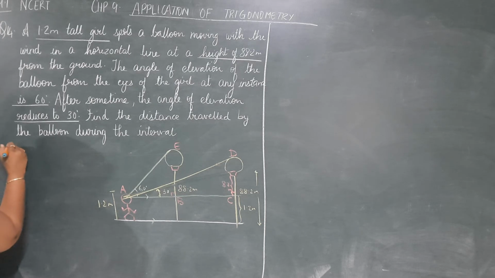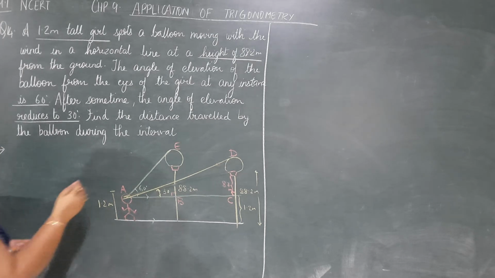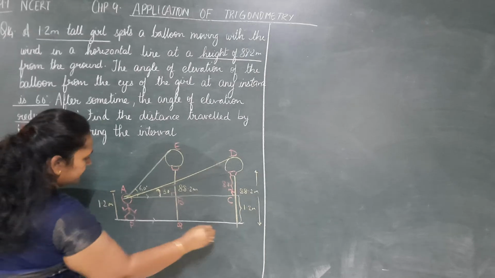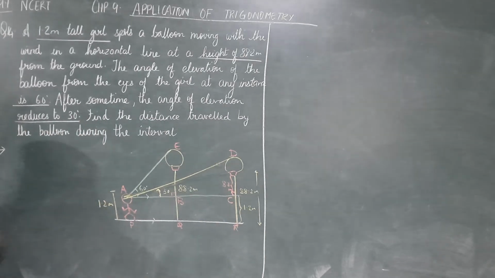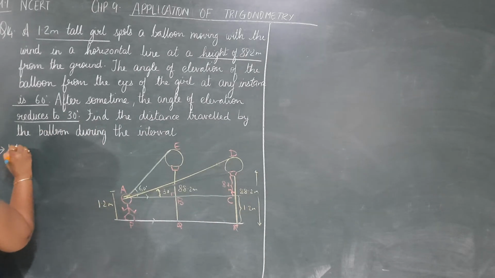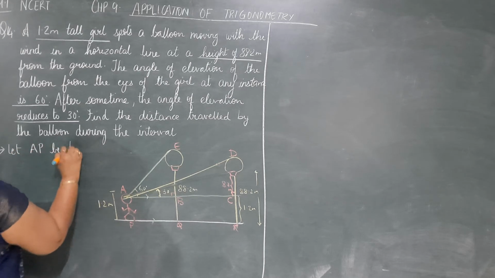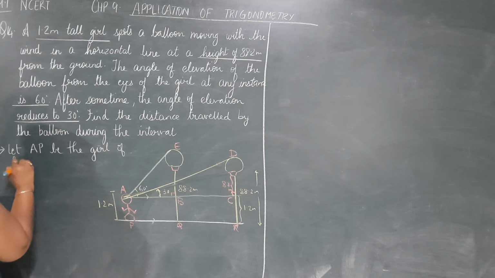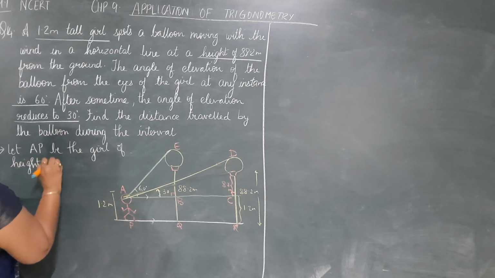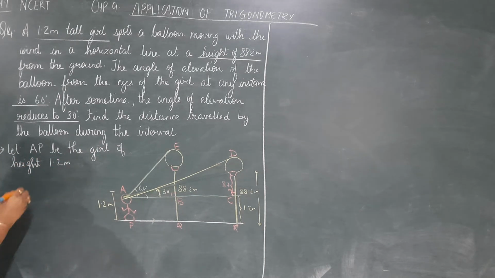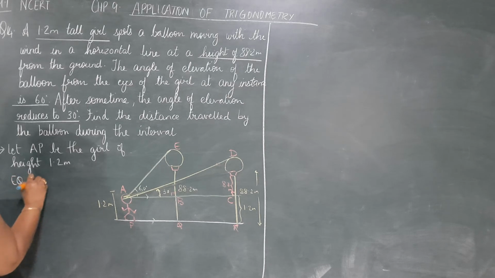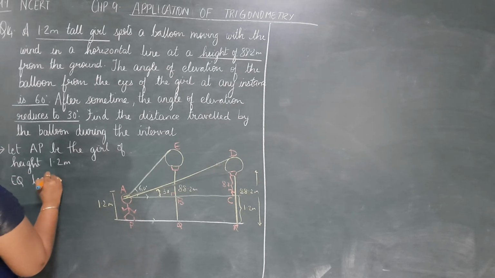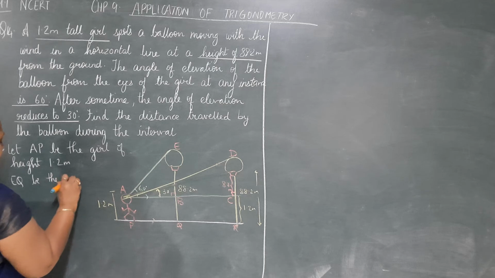We say E, P, Q, and R. Let AP be the girl of height 1.2 meters. EQ be the initial position of the balloon.